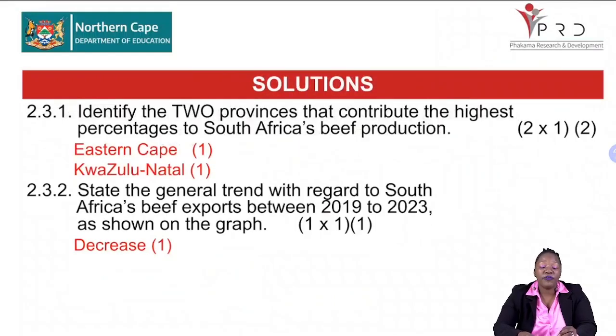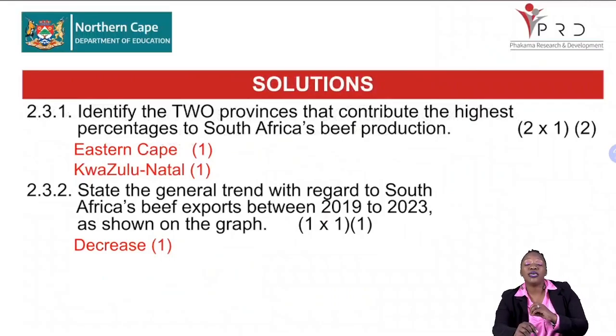Looking at our first question, you identify the 2 provinces that contribute the highest percentage to South Africa's beef production. Looking at our provincial graph, Eastern Cape as well as KwaZulu-Natal were the highest. Then secondly, you state the general trend.